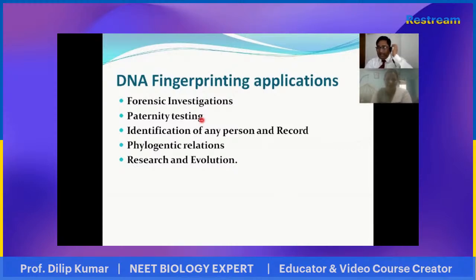As you know, presently the Aadhaar card is used for the biological record. But in the US, the government decided to keep all the records of their army personnel on the basis of their DNA. Why?